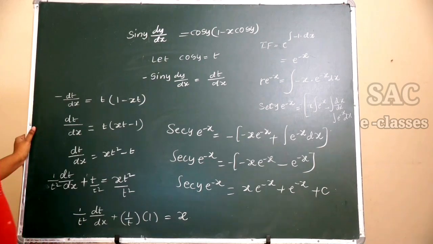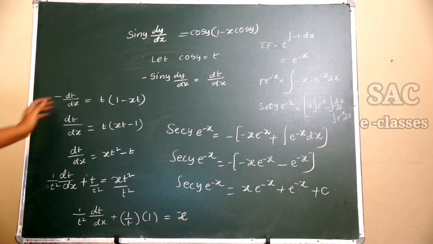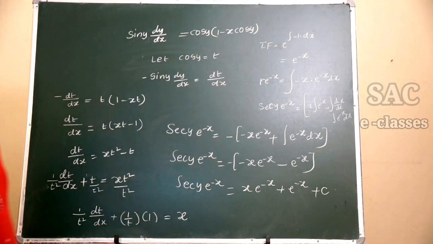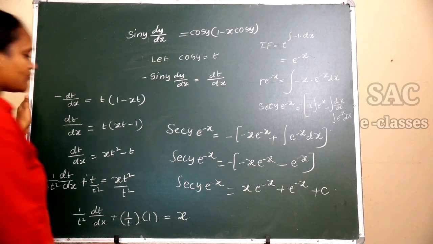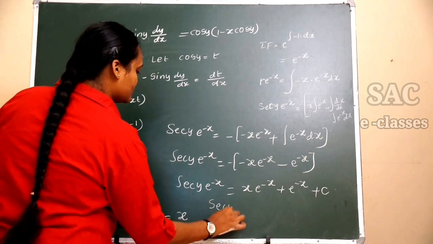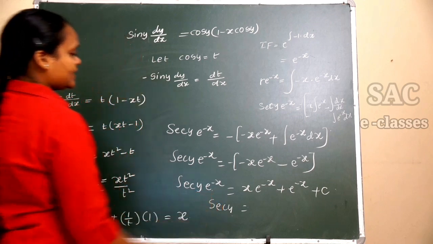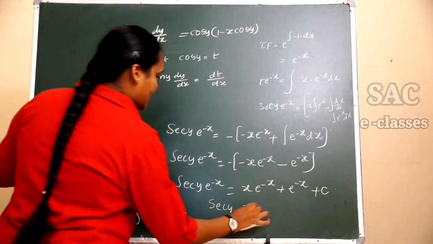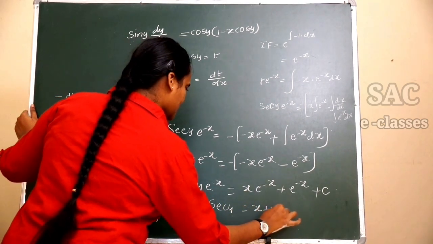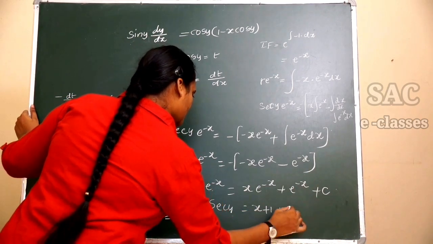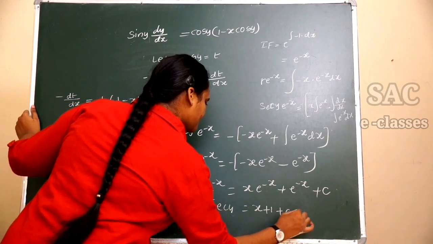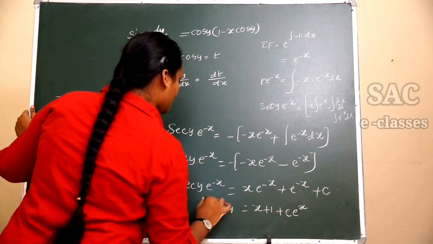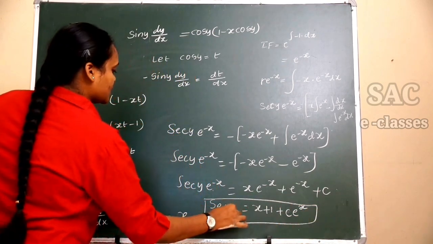We got the integration factor and everything. To simplify this, let me divide by e power minus x on both sides. Then secant y equals x plus 1 plus c into e power x, which will be the required answer.